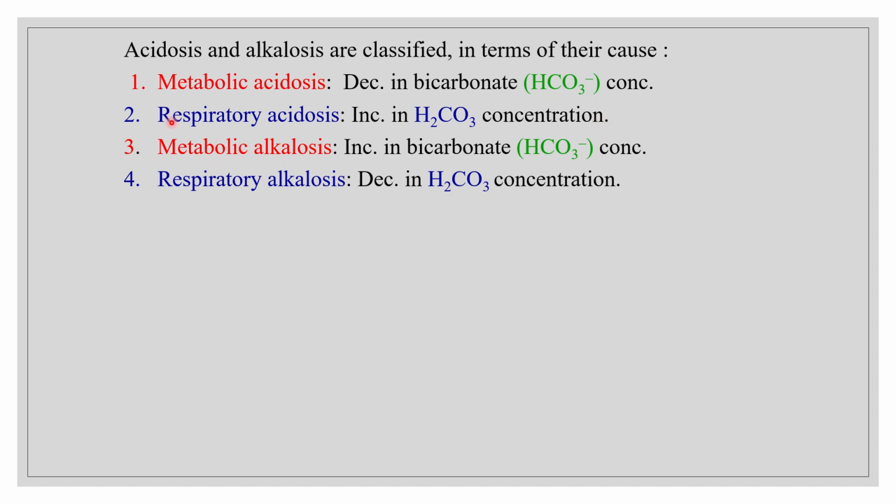Opposite to this, in respiratory acidosis, there is an increase in carbonic acid concentration and thereby an increase in the partial pressure of carbon dioxide, while in respiratory alkalosis, there is a decrease in carbonic acid concentration or a decrease in the partial pressure of carbon dioxide.